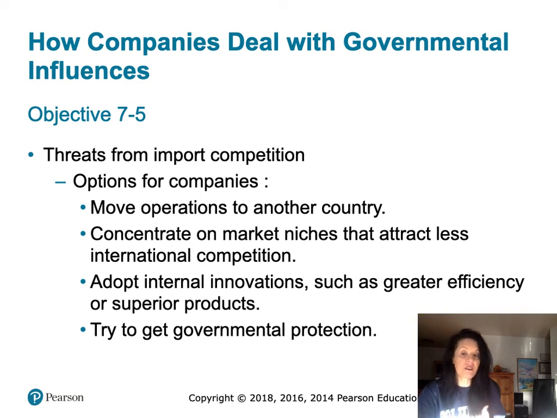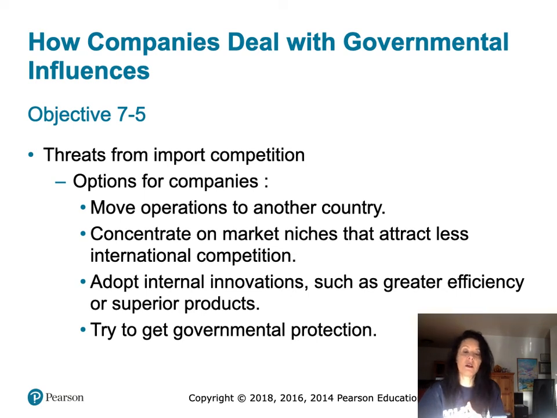Frequently, these different approaches are based on the strategies, abilities, and the strengths of each company. Again, always think about this question. Which do you think is the best option for companies to effectively deal with competition from abroad?